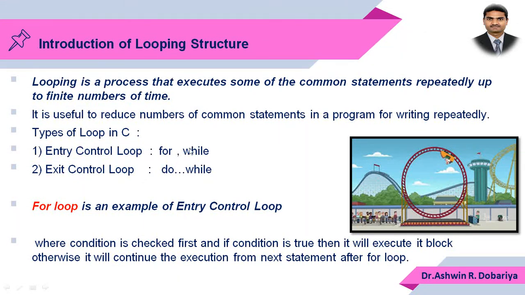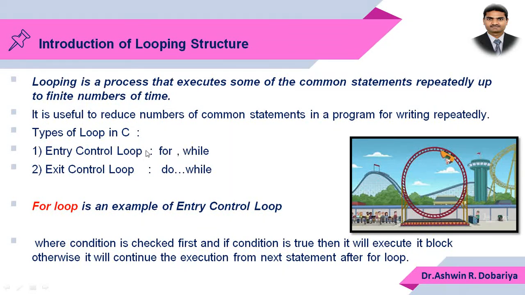When there is a concept of loop, another concept we have to remember is the counter variable, which is associated with the loop and counts the total number of iterations. Suppose the car makes its first round, then the counter says 1, then we increment the counter to 2, then 3, 4, 5. So the counter variable is a very important variable associated with every loop.